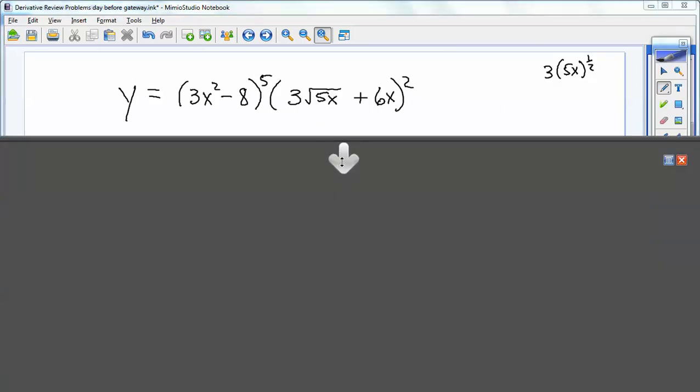This one is a challenge. I don't think I would give you one quite this ugly at the end, but I thought it'd be a good one to practice and point out several different things that can occur.